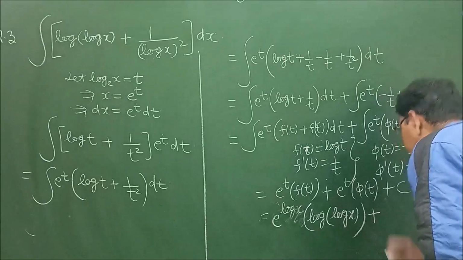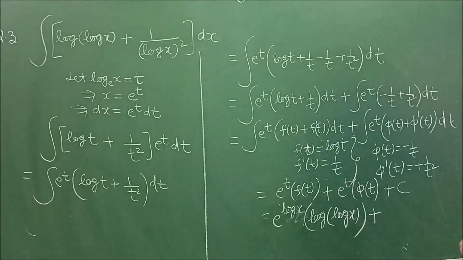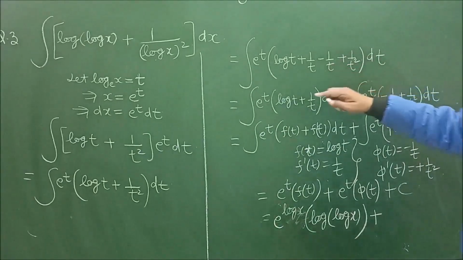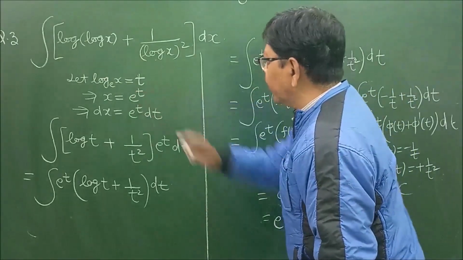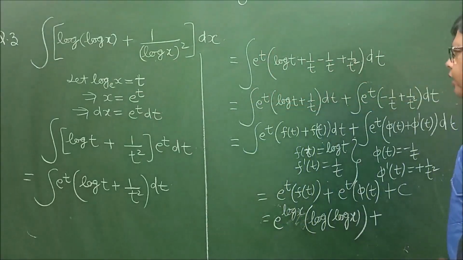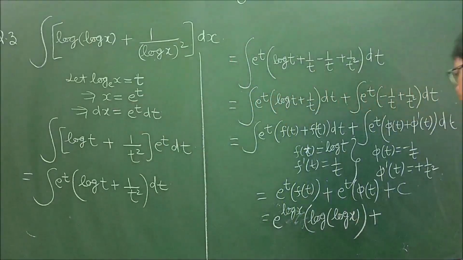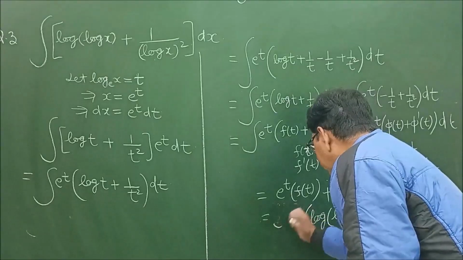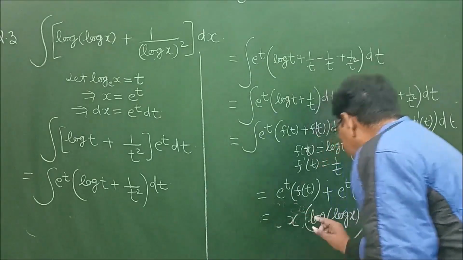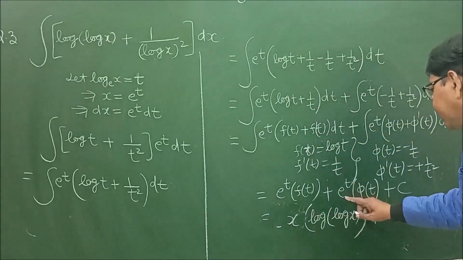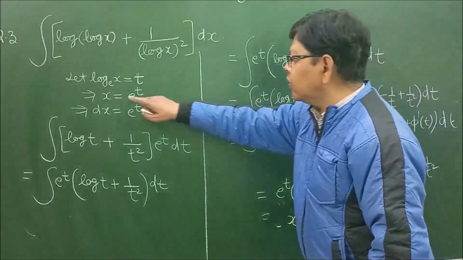Plus e raised to the power t, here t is equal to log x, so e raised to the power t is equal to x. So here also I can directly write x log x plus again e raised to the power t is equal to x.